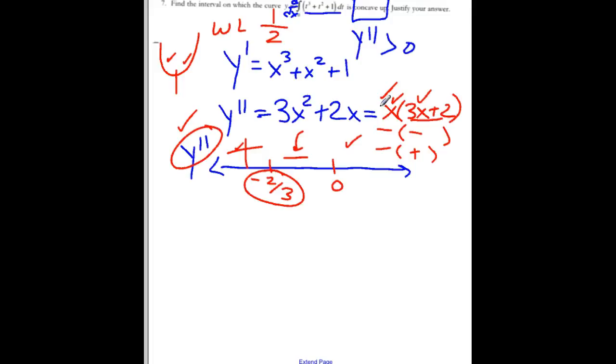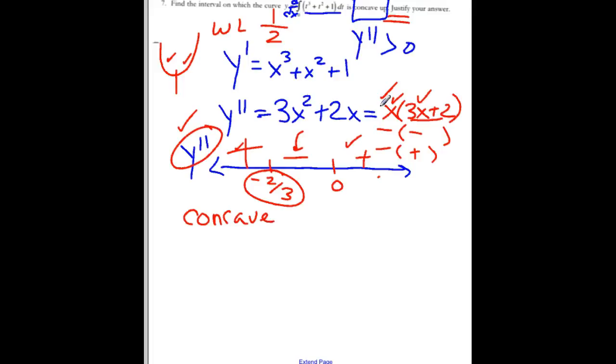Oh, I was doing 1.3 billion is my favorite number, which will be resoundingly positive. Now to answer the question, because this would be an FRQ, I need to make sure I answer the question. This is not an answer. It can't even be part of my answer, by the way. Anytime it says justify, it means with a sentence and with words. You don't point at graphs or circle sign lines. You justify yourself. It doesn't have to be a formal and perfectly constructed sentence, but you say concave up.